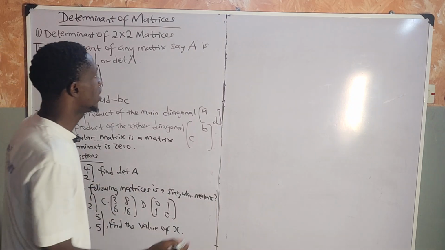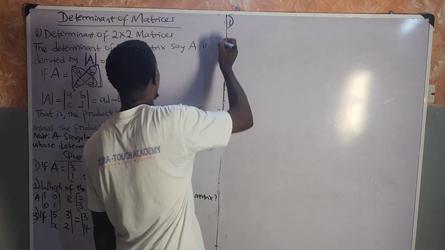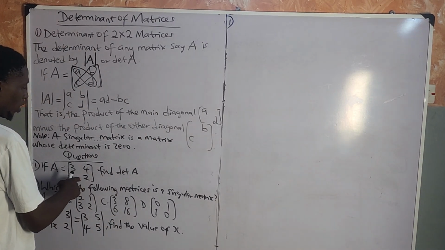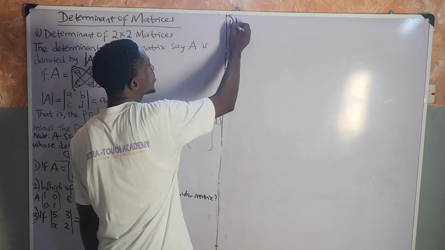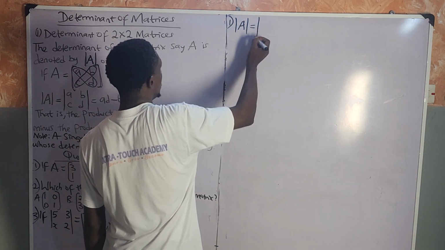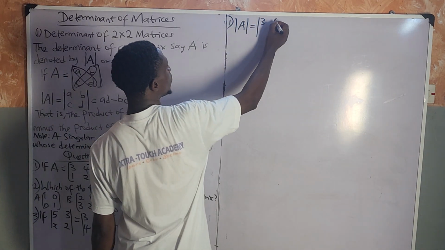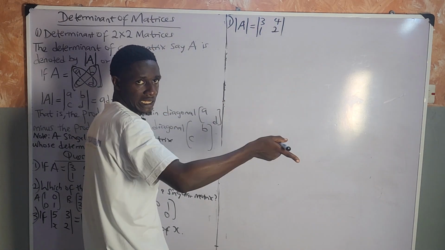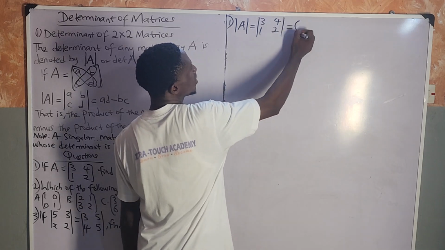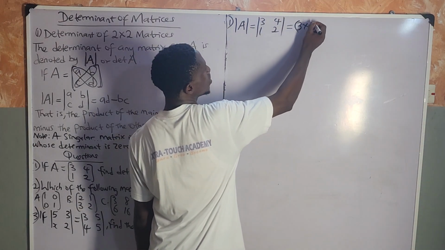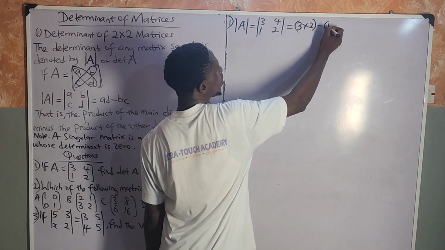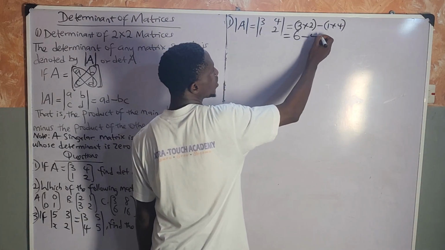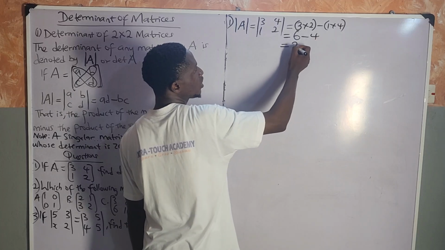Let's look at the questions we have. Number 1: if matrix A is 3, 4, 1, 2, find the determinant of A. So whenever you see this, it means that you're looking for the determinant. It is equal to this times this, 3 times 2, minus this times this, 1 times 4. 3 times 2 is 6, minus 1 times 4 is 4, which is 6 minus 4, which is 2.